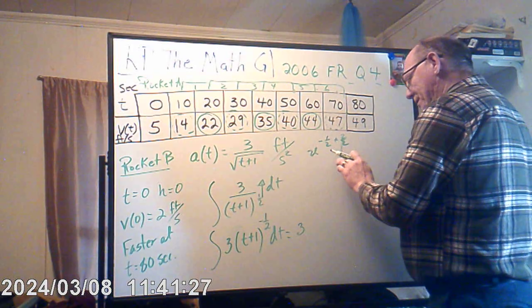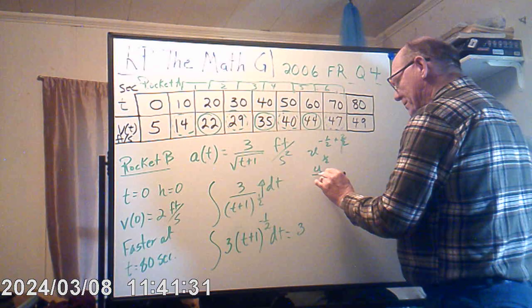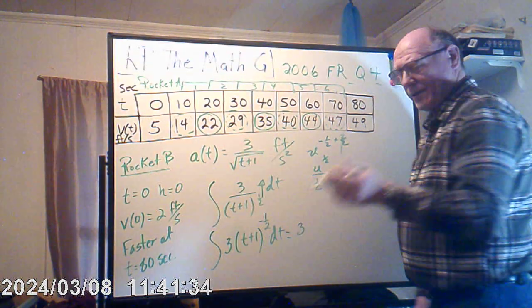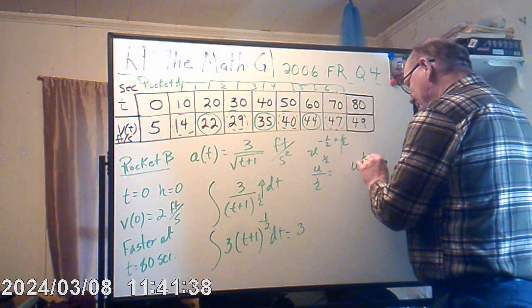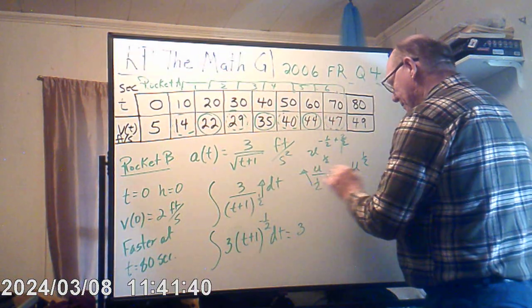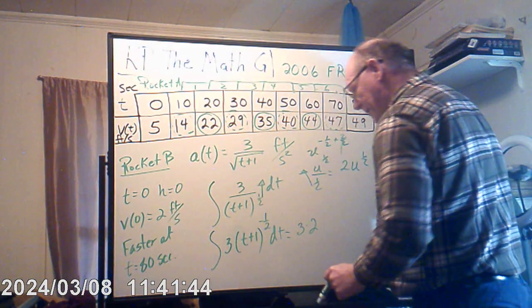Negative 1/2 plus 2 halves is 1/2, right? So u to the 1/2 over 1/2, which is the same as u to the 1/2 times 2. Alright, so times 2.